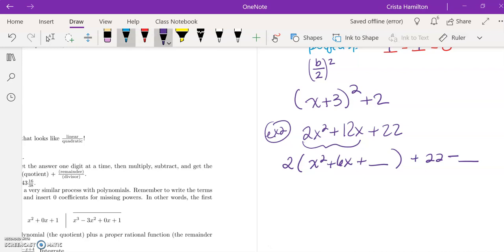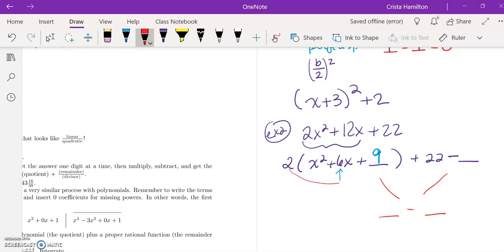Now when I go to complete the square, I follow the same rule. Take the middle coefficient, take half and square it, so it would still be plus 9. The only difference here is that when you are bringing down what you actually added into this problem, minus blank, the question is, what did you actually add?